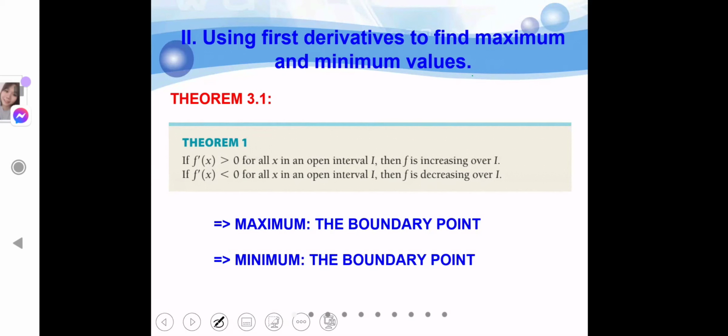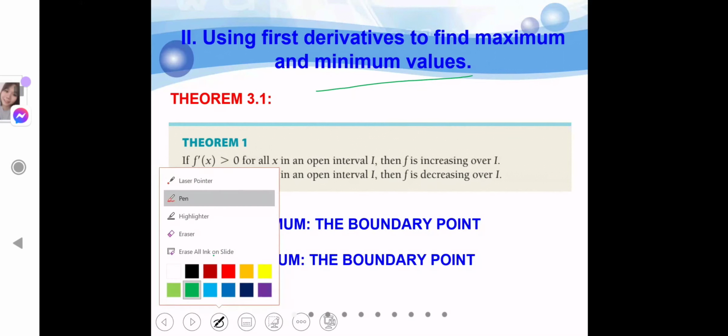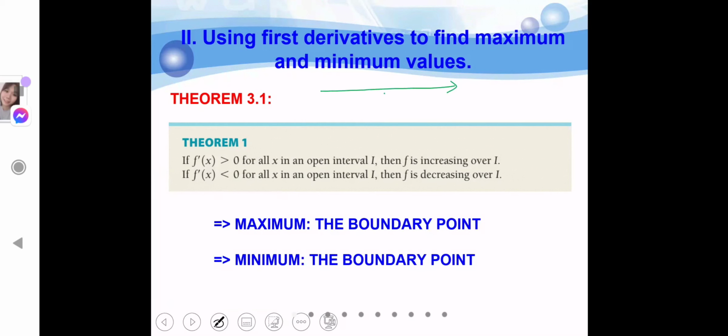So you can write this. It's zero in here, plus or minus, that means increasing or decreasing is f prime.